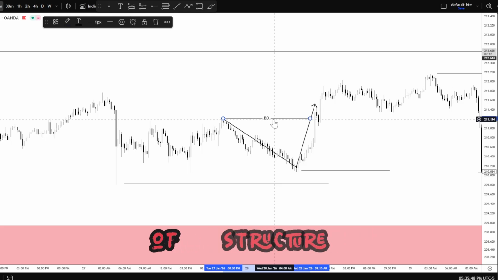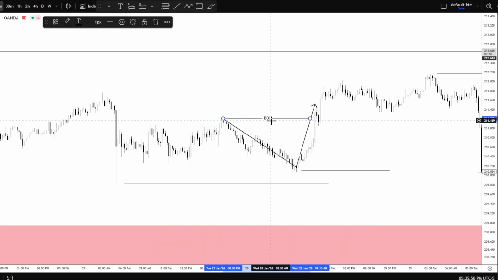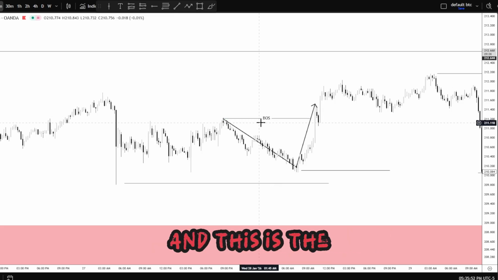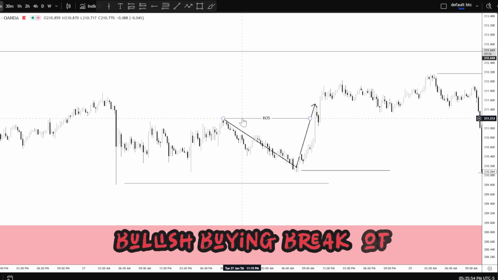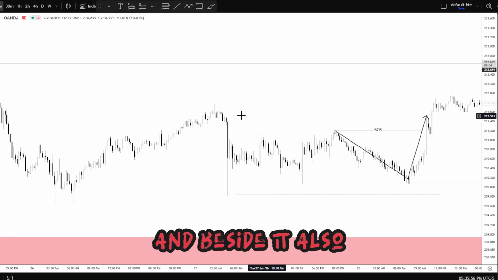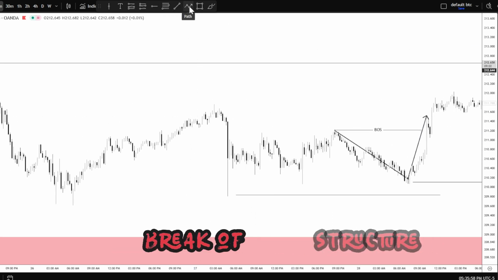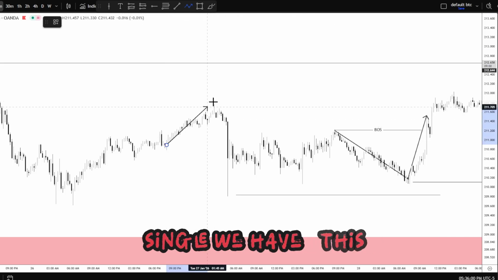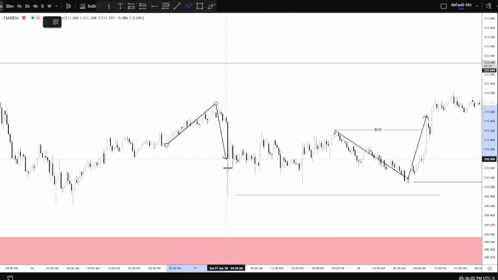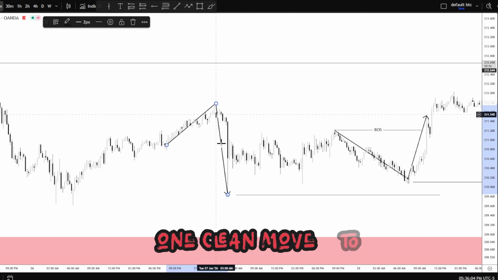I have our break of structure here, and this is the bullish buying break of structure, and beside it also we have a selling break of structure, which is also a single. We have this low high, and you can see we broke structure with one clean move to the downside.